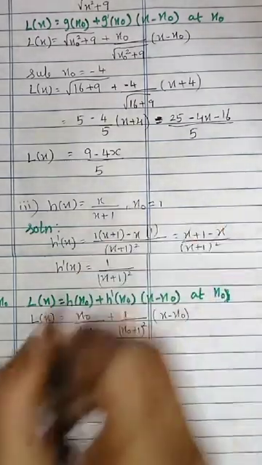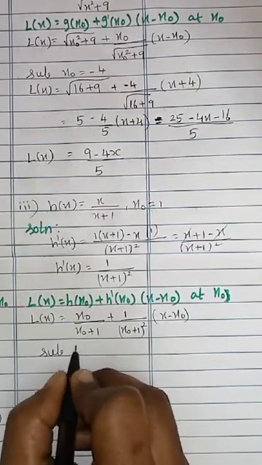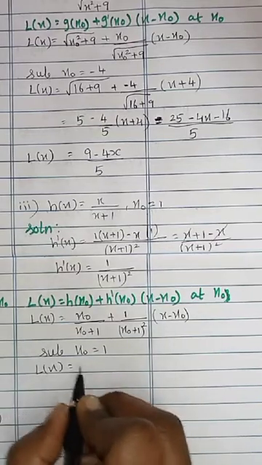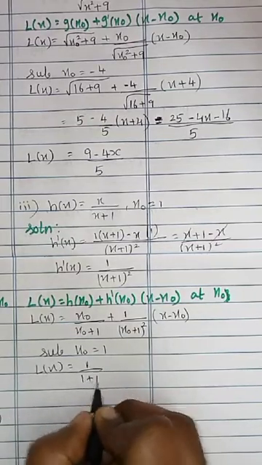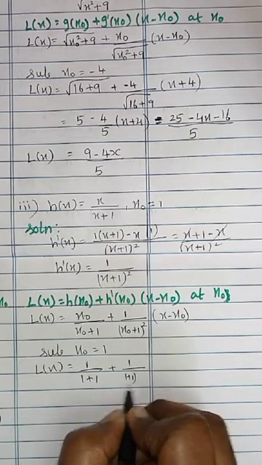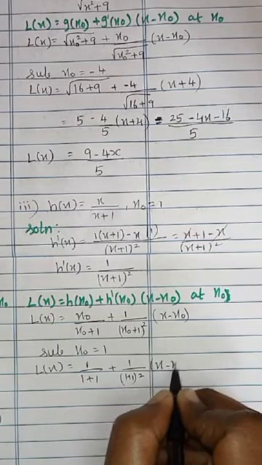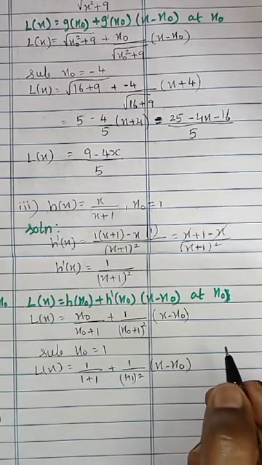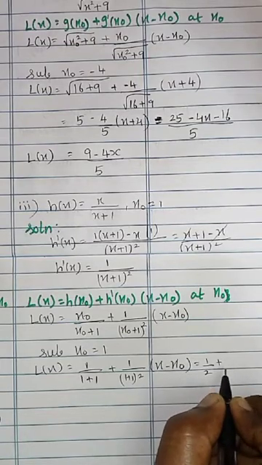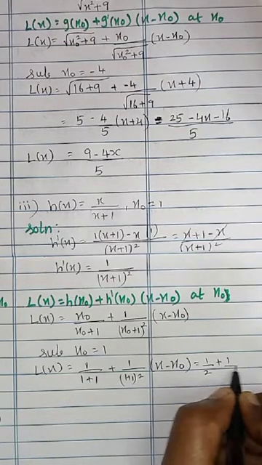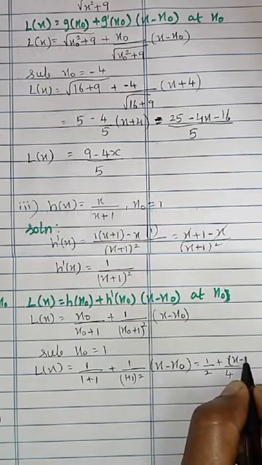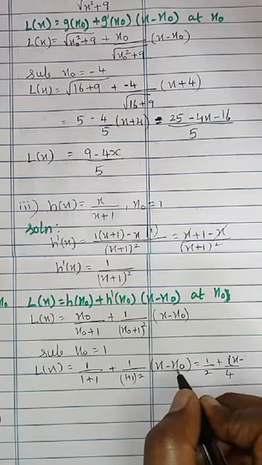Now substitute. What is the x naught value given? x naught equal to 1. So L of x equals 1 by 1 plus 1, plus 1 by 1 plus 1 the whole square, into x minus x naught. That is 1 by 2 plus 1 by 4 into x minus 1.